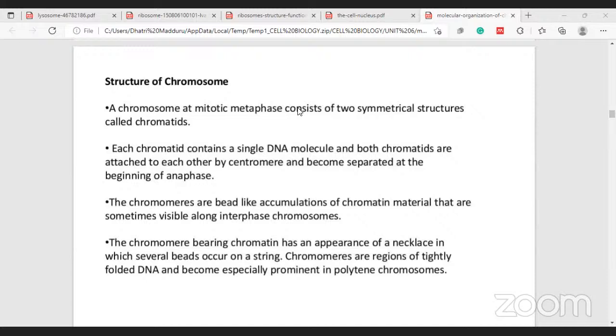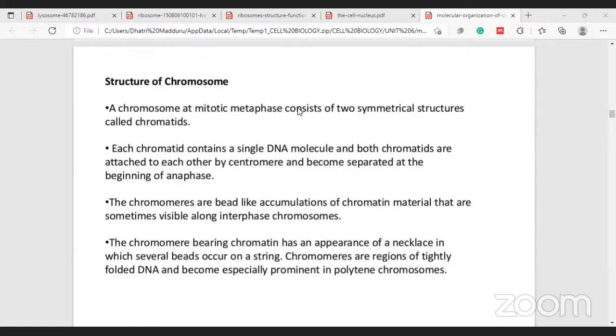Okay. Ma'am, you mentioned sister. What is the difference between sister and non-sister chromatids, ma'am? They are similar, like the DNA is identical in both. Non-sister chromatid is a chromatid of one chromosome and another chromosome. If you see, they won't look similar, right? Not all genes are present in a single chromosome.